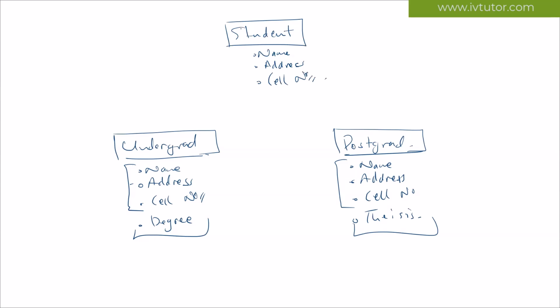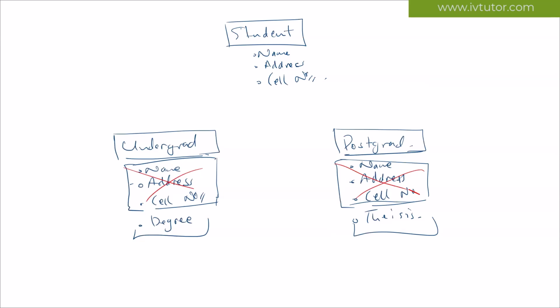That way, I don't have to repeat this information twice. It's taken care of. So I've got this, it's a student. They all have this. So I don't have to repeat these things twice for undergrads and postgrads.